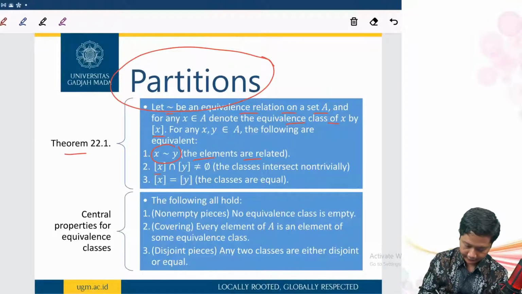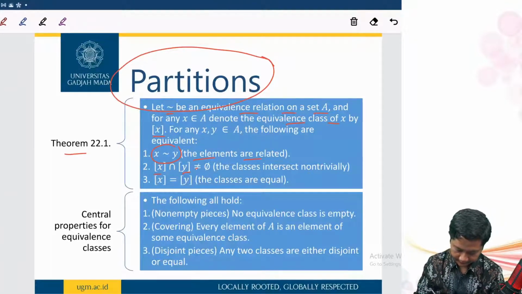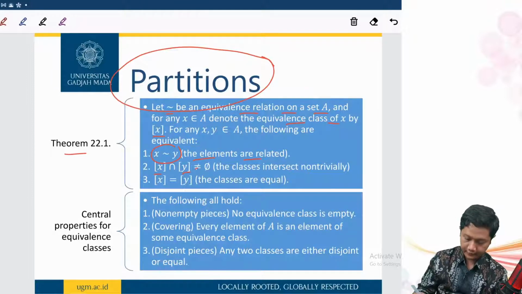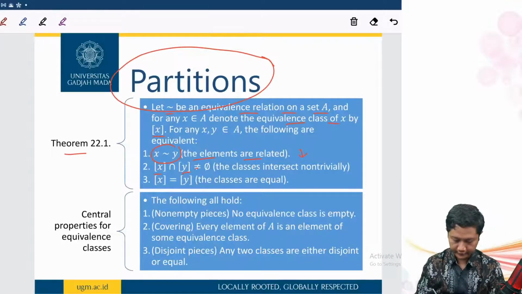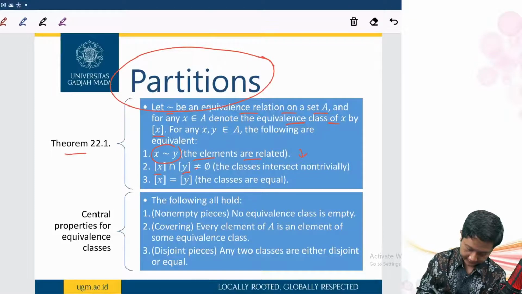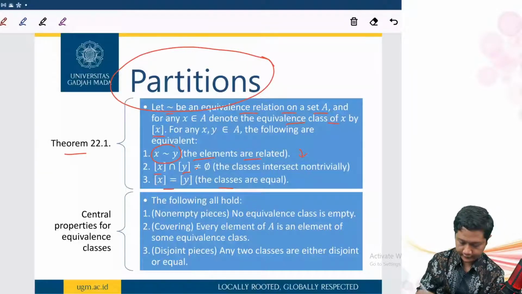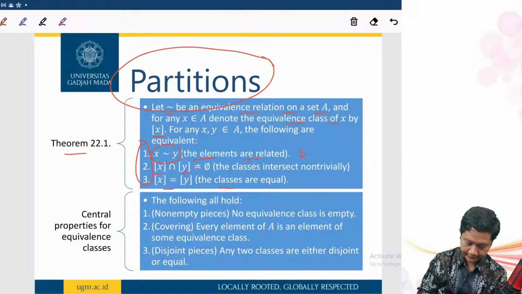Then the class of X and the class of Y intersection is not empty, because again when you have these 2, then they are the same, so it should be not empty, and the classes are equal. So these 3 statements are equivalent.